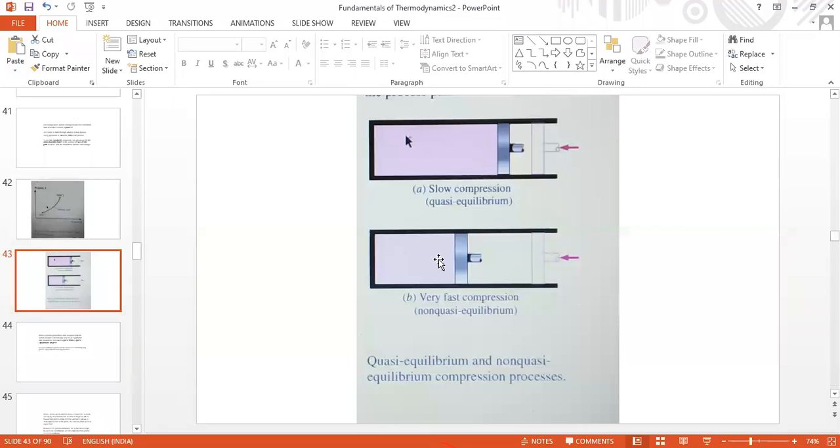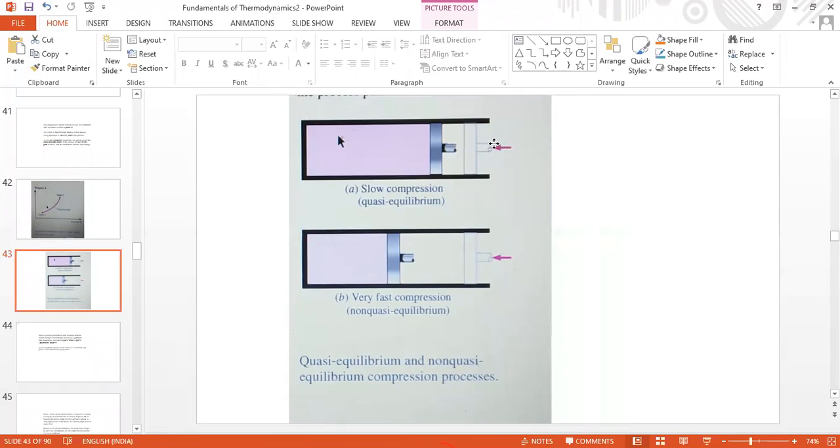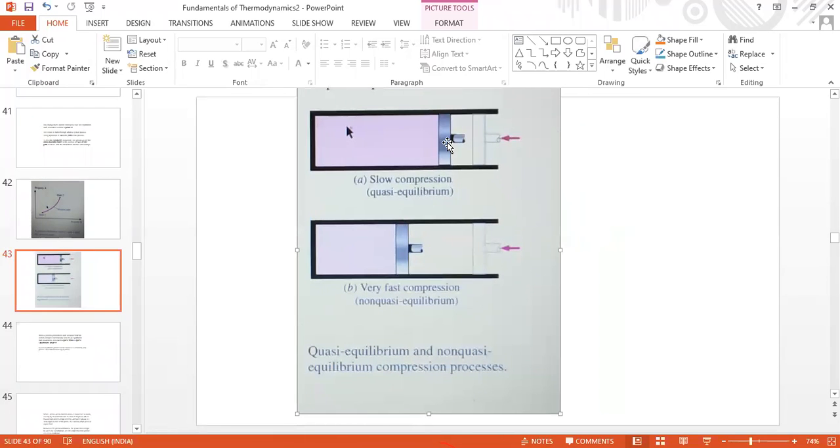If the piston is expanded, or if it is compressed, it will be a compression process, and if the gas is expanded from here to here, it will be an expansion process. Whatever is there, either compression or expansion, the work is calculated by integral PdV.